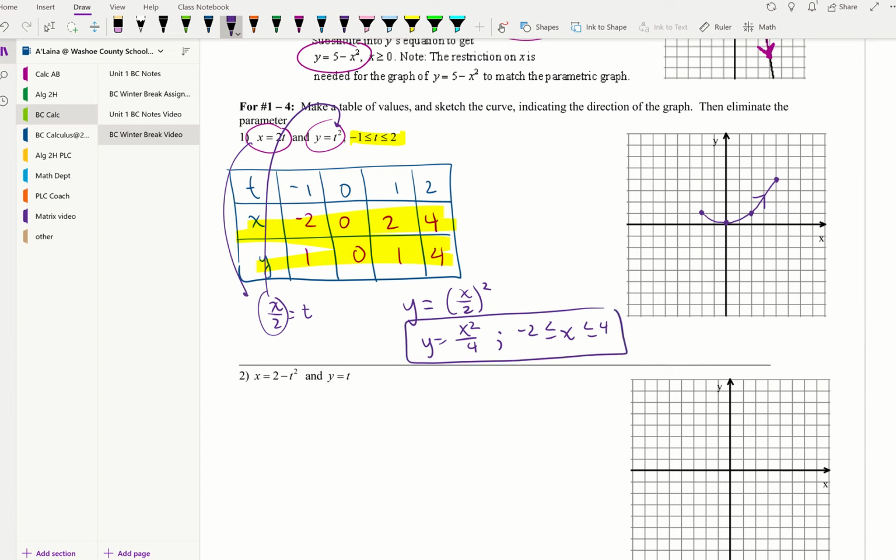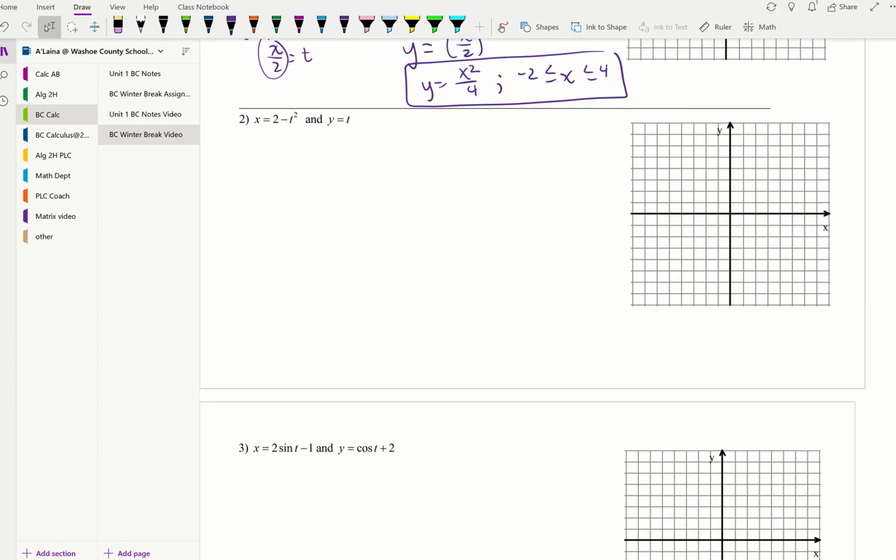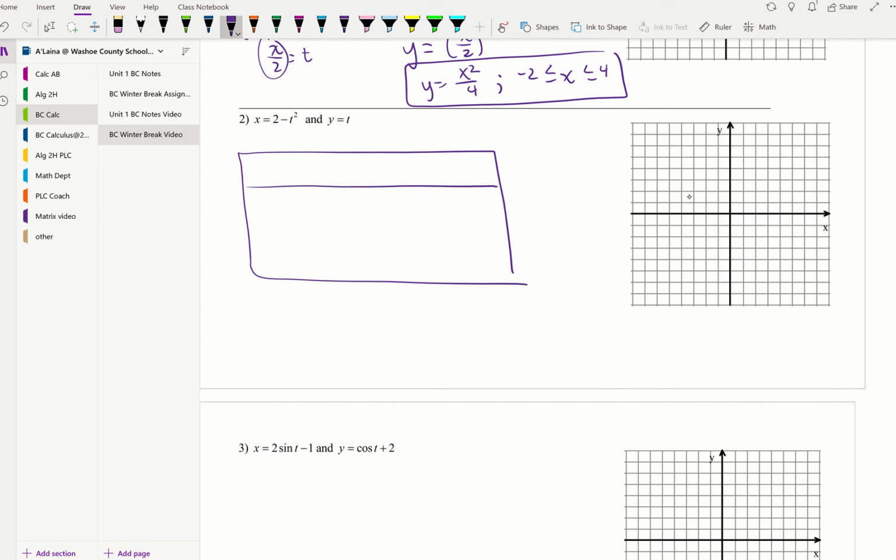Number 2. So for number 2, I don't have domain restrictions given to me. And if I think about these equations, I don't actually have any values of t that would cause either x or y to be undefined. So what this means is that I could pick any values of t.